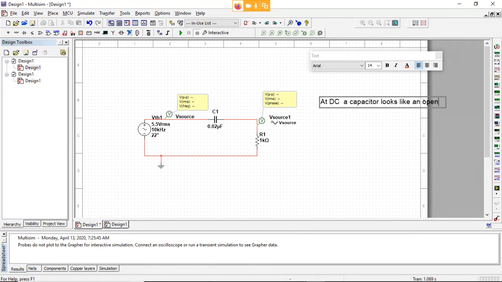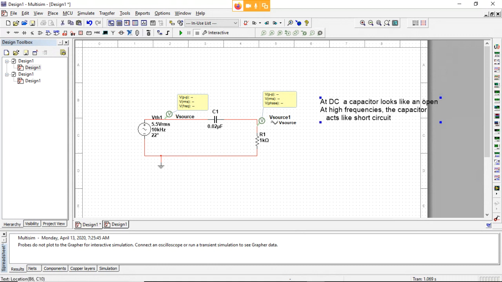And at high frequencies, the capacitor acts like a short circuit.